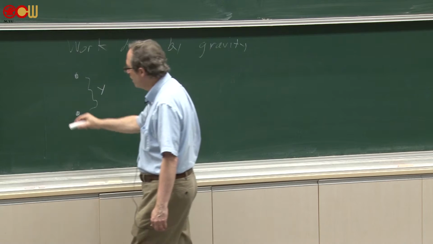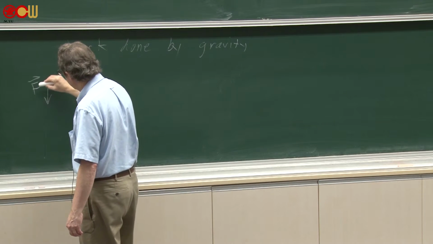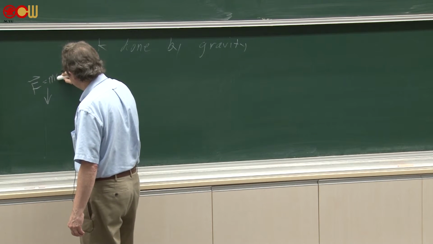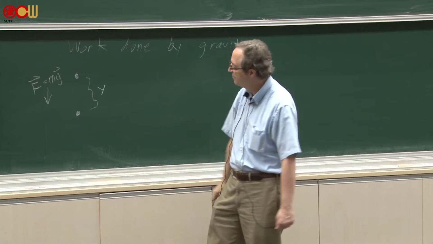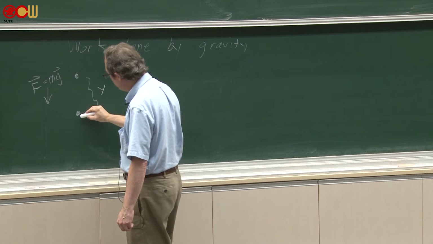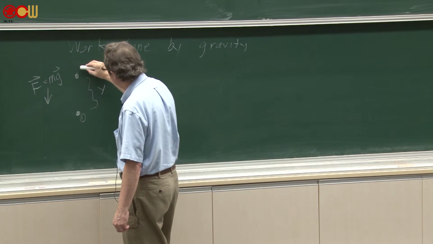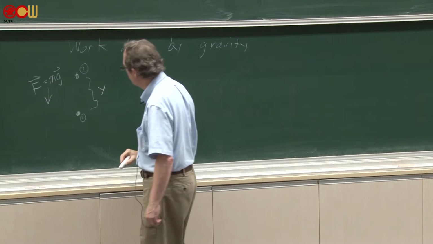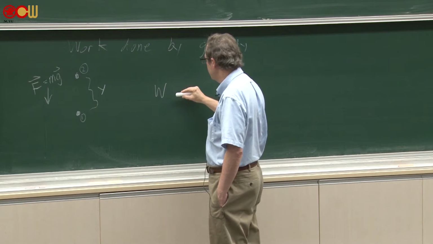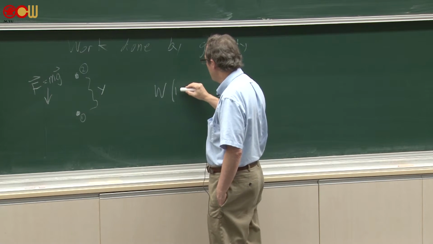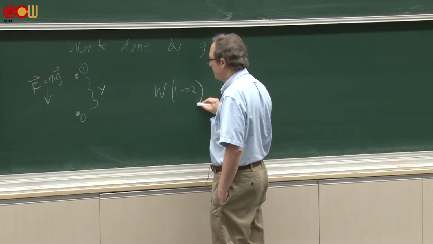So the force is this way, and that's equal to mg. Okay, g is downwards. And if we call this the 1 position and this 2, okay, so what is the work done in going from 1 to 2?